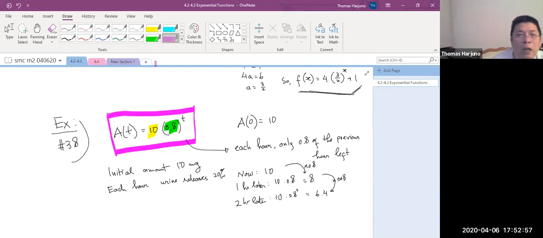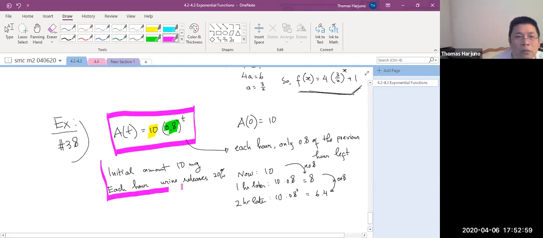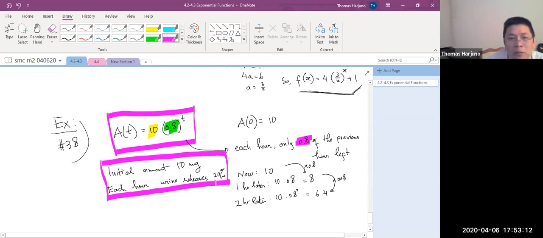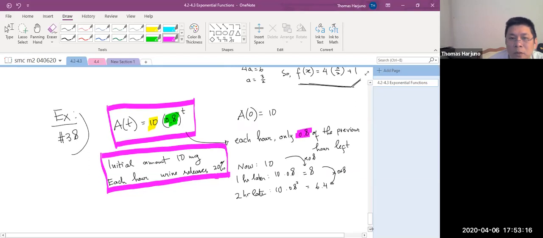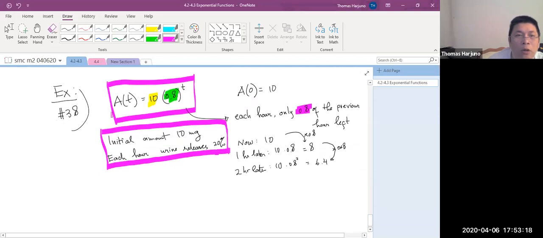Can you follow my line of thought? Because in the next 1 hour, I keep 0.8 of that. I keep 80%, which means I lose 20%. Right? Okay? So later on, if we have this wording, then you know this is your equation. This is your function. Now, let's go back.